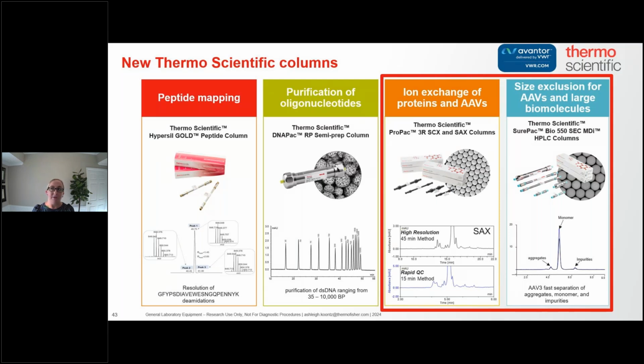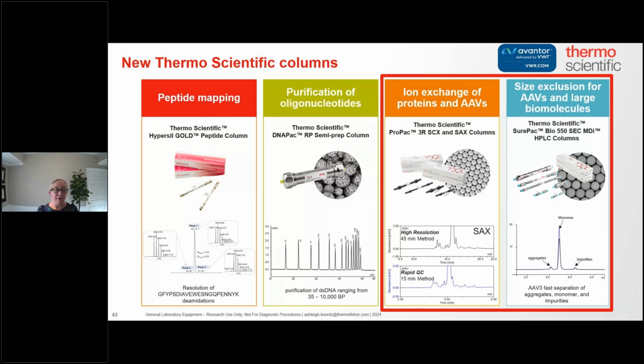And then when it comes to purification of oligonucleotides and even just analytical separation of oligonucleotides, we have our DNAPac RP chemistry, which is very unique and differentiated in the marketplace. There's nothing like it. It is a super macroporous particle that is a polymer resin as well, so it's very robust in terms of pH stability and temperature stability.